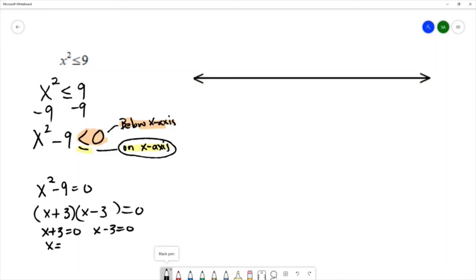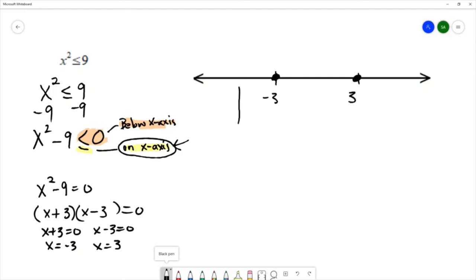I get x equals negative 3 and x equals positive 3. And those are the values that I'm going to put on this scale here. And this time, since I want the values that are on the x-axis, I'm going to fill those in with dots instead of open circles.